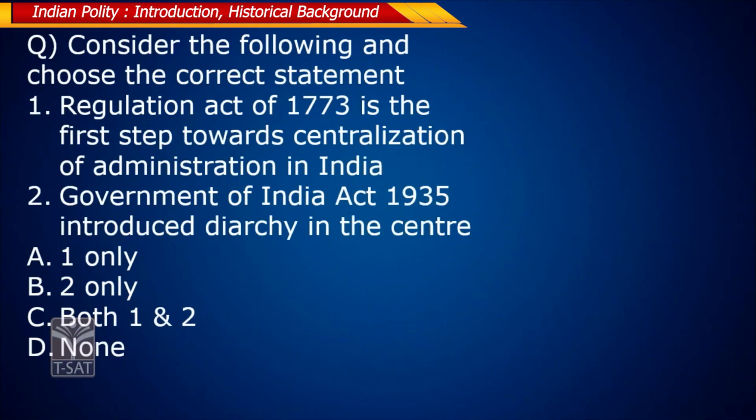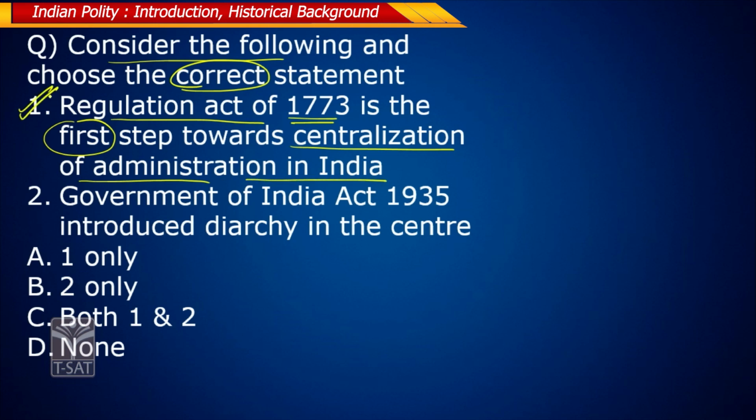Look at the next question. This question is linked to historical background. Consider the following and choose the correct statement. Regulation Act of 1773 is the first step towards centralization of administration in India. Absolutely correct statement.